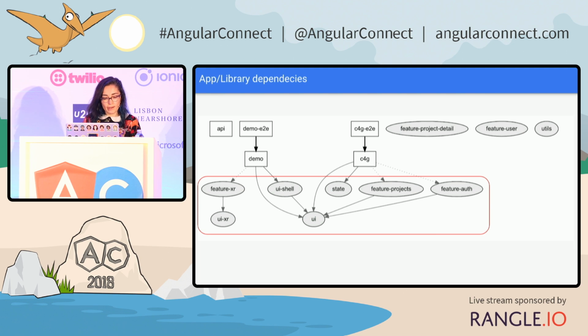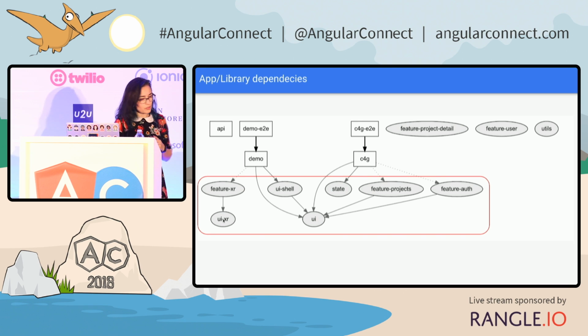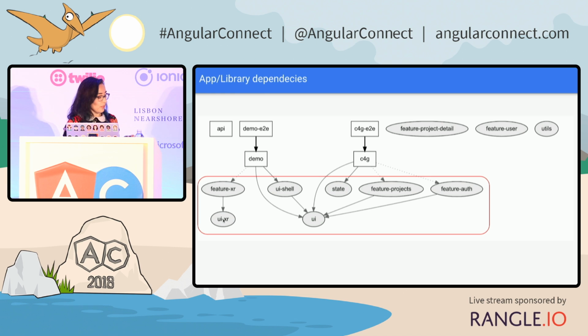So what we have here is UI components and UI shell. But I created an extra one specific to XR because I can use it for both augmented reality and virtual reality. And the feature library is where I have the specific features with smart components, which have the data and the state in it.